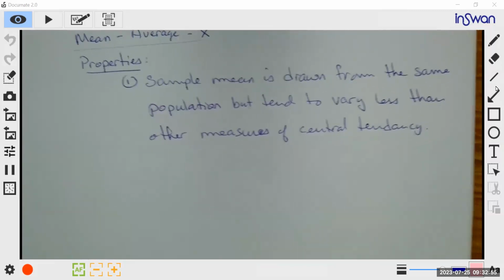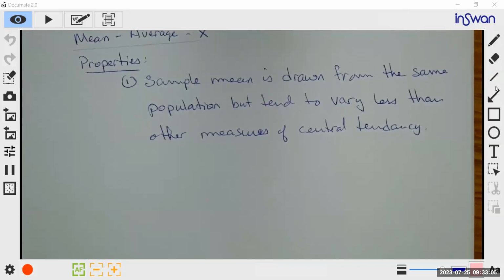What does that mean? The sample mean is drawn from the population, but it varies less than the other measures of central tendency.